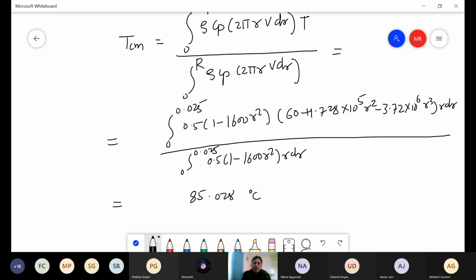Is it clear? Are you all getting the same values? Is this value correct? Anyone?